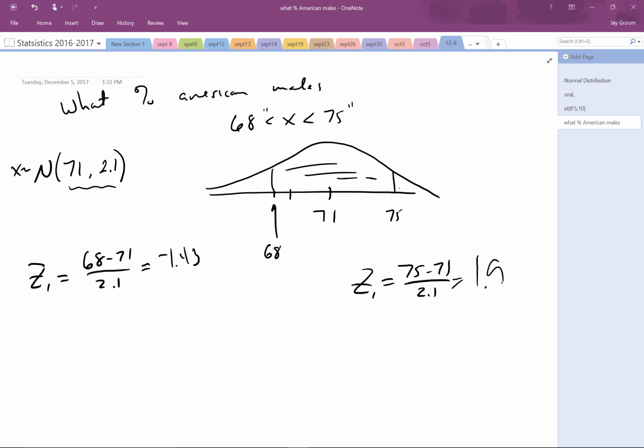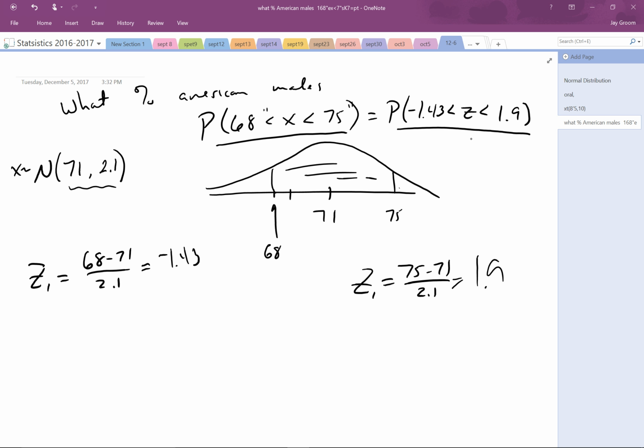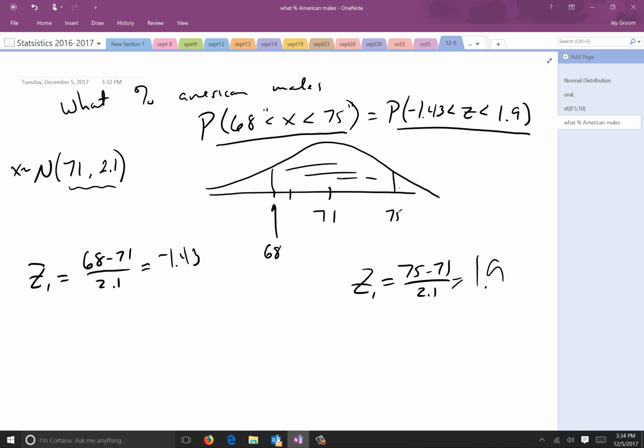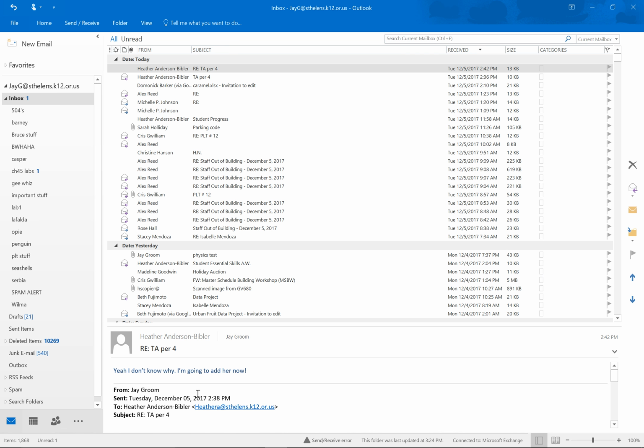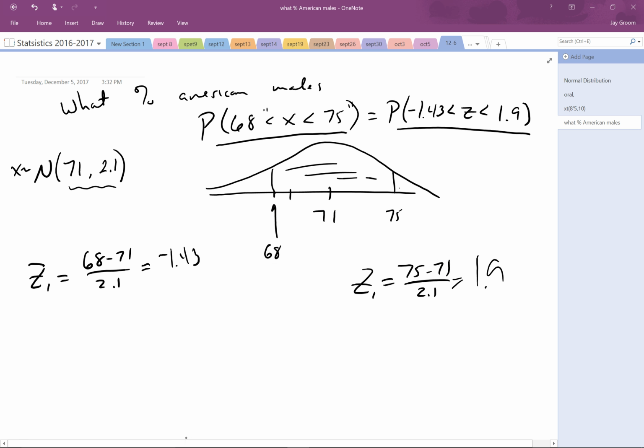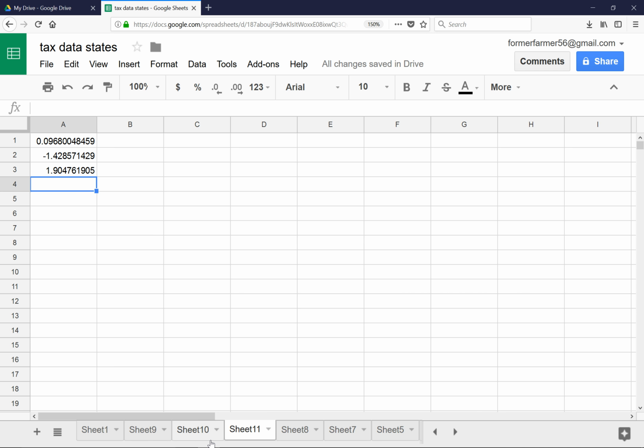So, what we're saying here is this. I want to know what's the probability you're between here and here. That is the same as the probability that your z is between negative 1.43 and 1.9. Those are equivalent. So instead of finding this, I'm going to find this, because that's how we're going to roll with it. We're going to do it with a standard normal, a z-score.